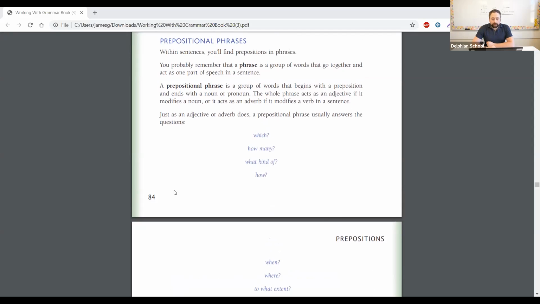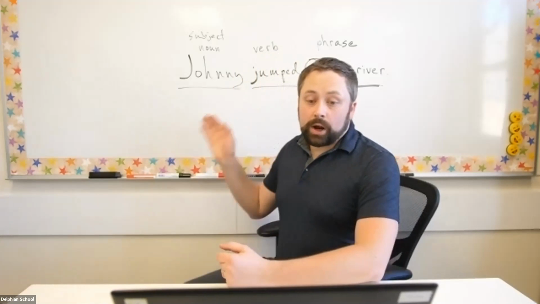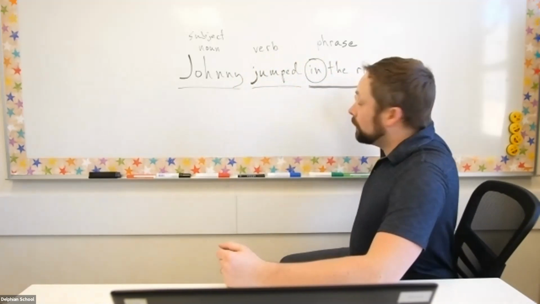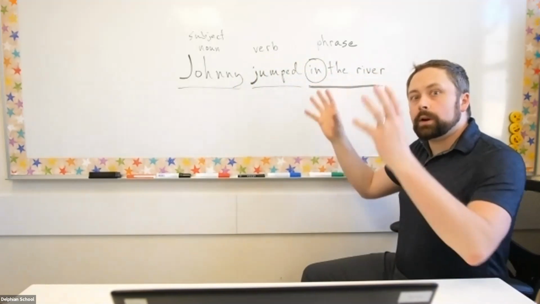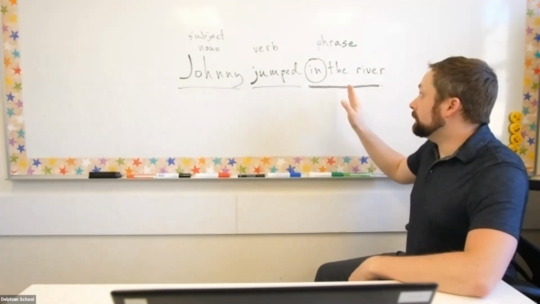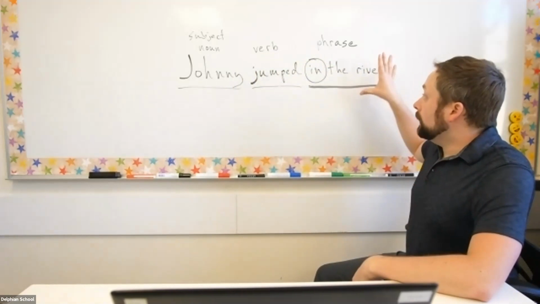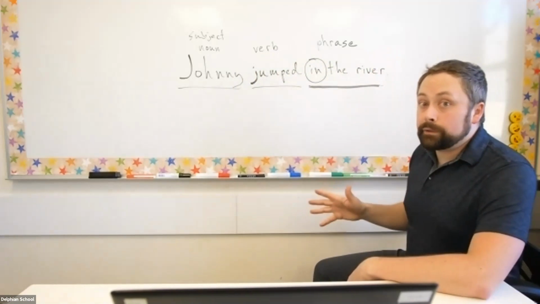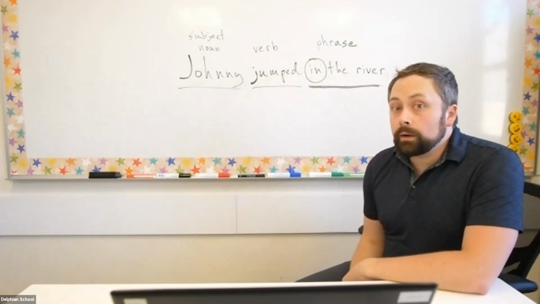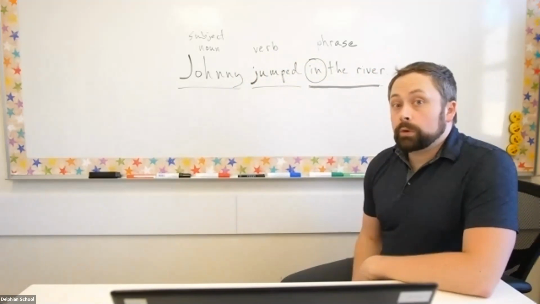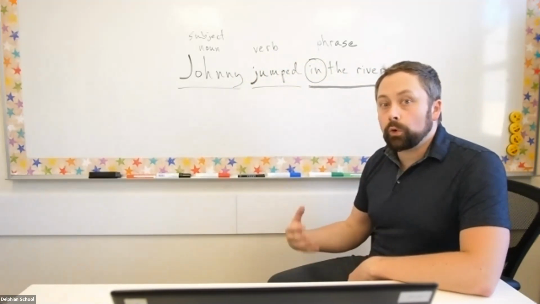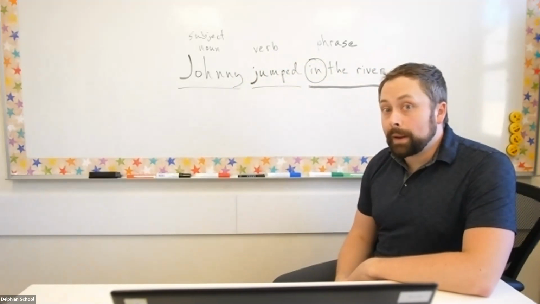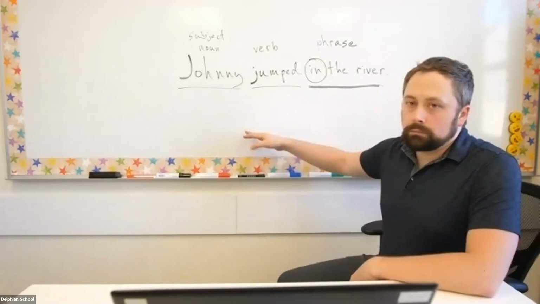So again, in our made-up sentence here, Johnny jumped in the river. The job that in the river is doing, the greater ability, more than any of the individual words, is here. It's acting as an adverb. And if you watched our modifiers webinar, you'll remember that an adverb is just a word that modifies or describes or tells more about a verb or other modifiers.